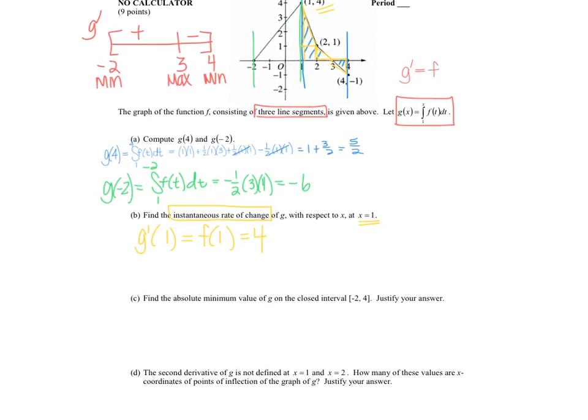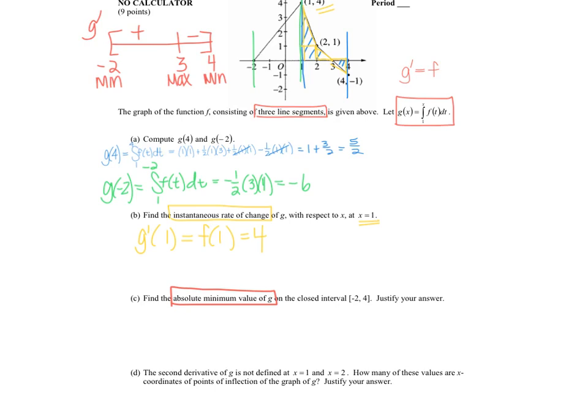Find the absolute minimum value of G on the closed interval from -2 to 4. Justify your answer. Okay, now, we know that 3 is not a min, right? But you have to tell them that here because they want to see that you analyzed, that you thought about x equals 3.